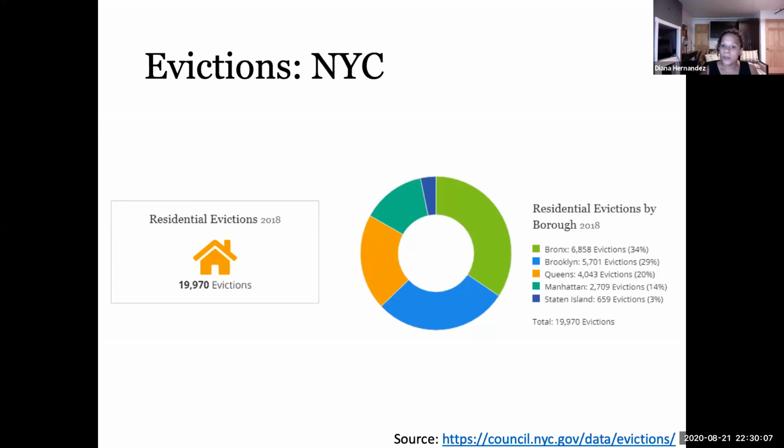I guess another important point is that between 2018 and where we are now, they actually set up a bunch of protections for tenants here in New York City, one being access to legal services.